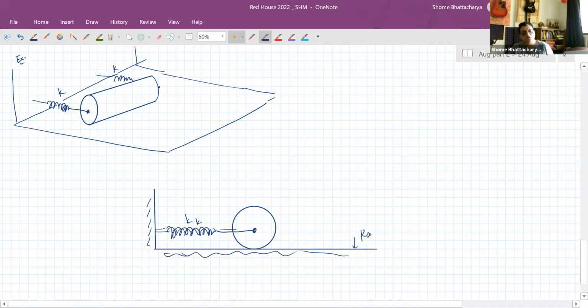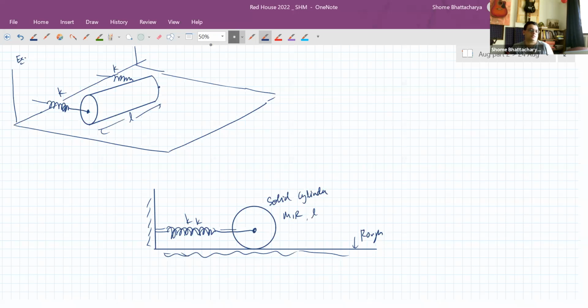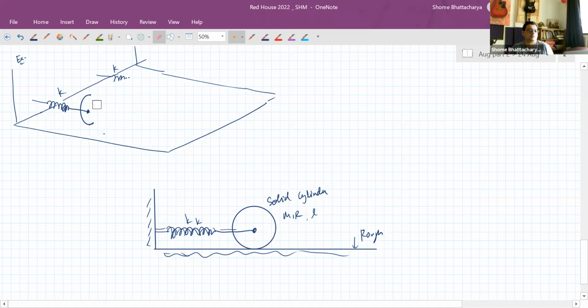This is a rough surface. This is a solid cylinder, mass M, radius R. This length is L. So the cylinder can roll without slipping on the surface.